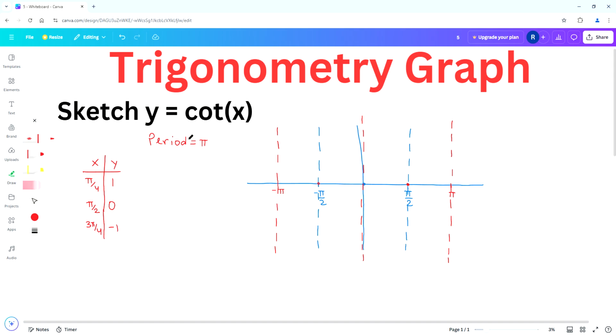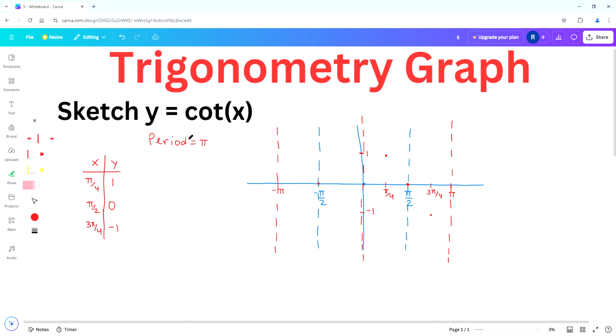Now we can plot these points to sketch the curve. Let's start with the first point, pi over 4, 1. The first point, pi over 4, 1 is here. The next point, pi over 2, 0 is the x-intercept. And third point, 3 pi over 4, -1 is here.